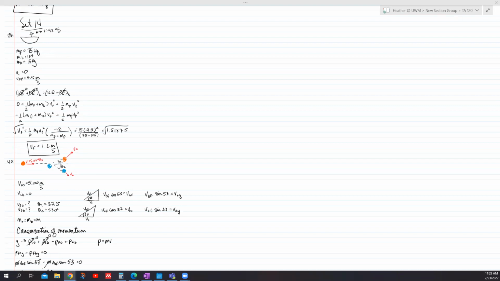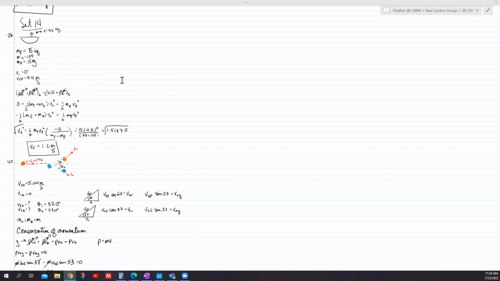Again, these are all conservative forces. So we know that our initial kinetic energy plus potential energy is going to equal our ending kinetic energy plus our potential energy. So we're going to write down what we know. We know all of our masses. We know that our initial velocity is 0. We know that our final velocity of the package is 4.5.